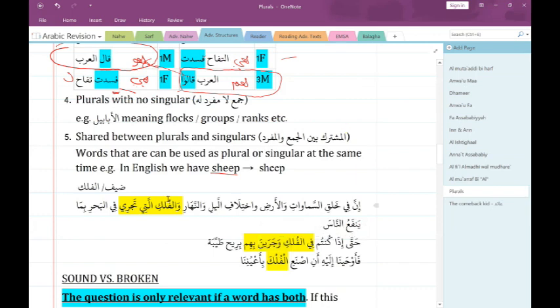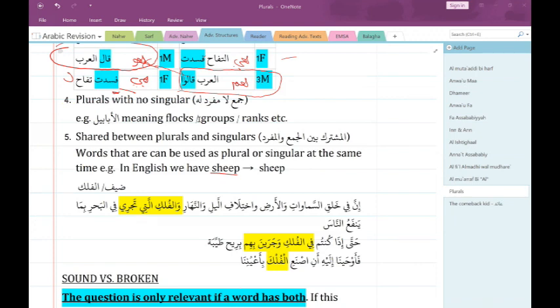I don't know why hunna was used. When we talk about broken plurals, it's because we have a singular version of it. So the question then becomes, what's the singular version of al-fulk? It's not there. It's the same word. It cannot be a broken plural if it doesn't have a singular version.